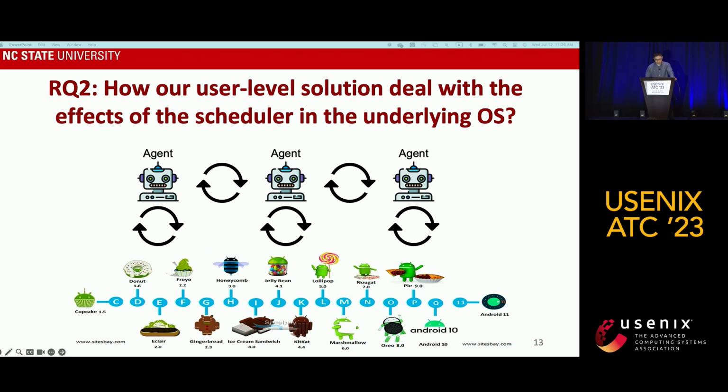So the user-level deep reinforcement learning scheduling will adapt to and interact with different kinds of OS. We see the OS as a changing environment. Also, each agent has the flexibility to handle some private features that it does not want to share with the OS, because the application developer and the OS company may be different.